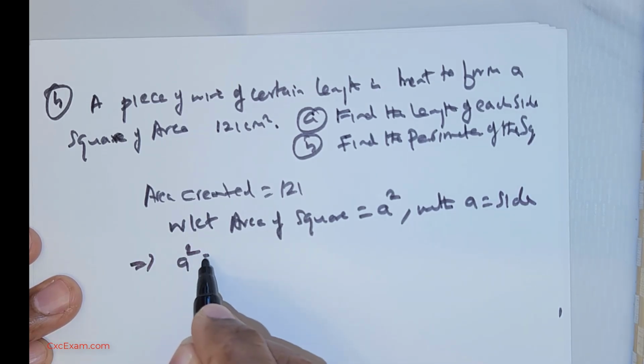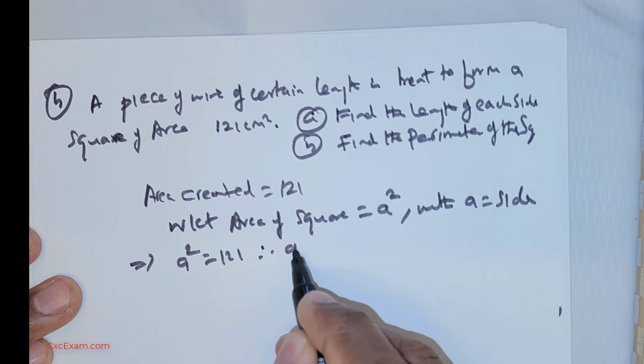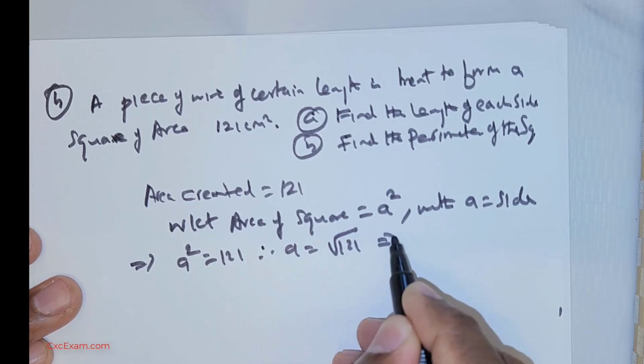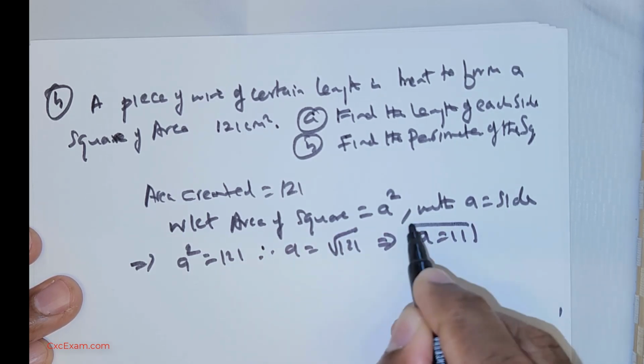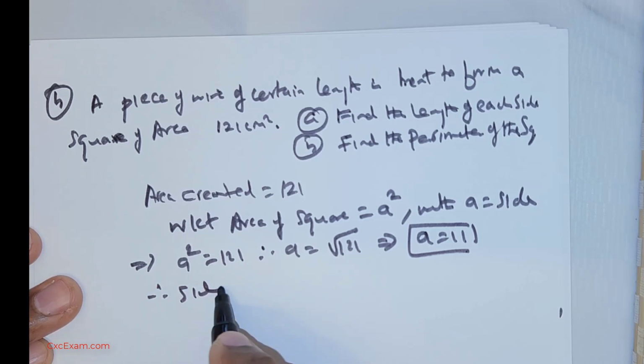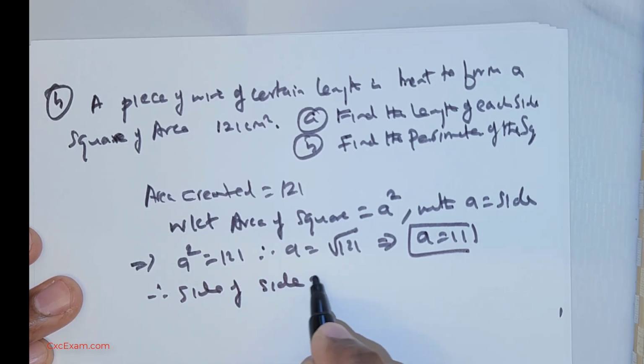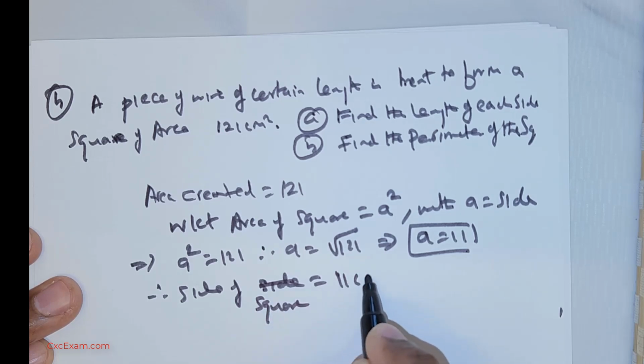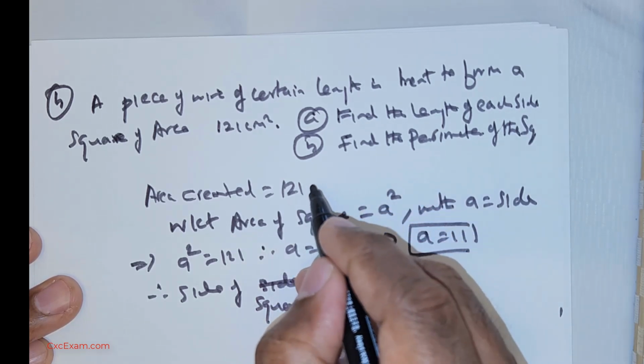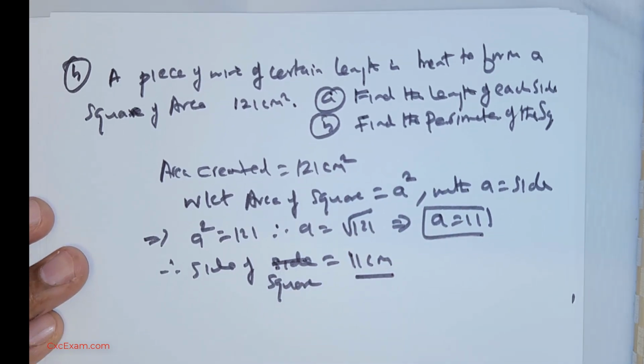So this means a squared is equal to 121, therefore a is equal to square root of 121, which means a is equal to 11. So therefore the side of the square is 11 cm, because this is given as cm squared, right?